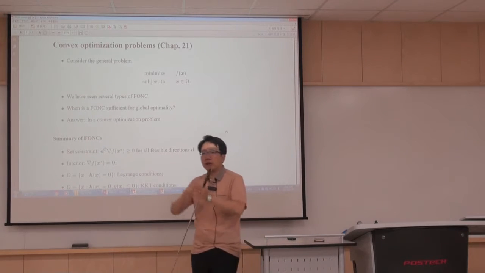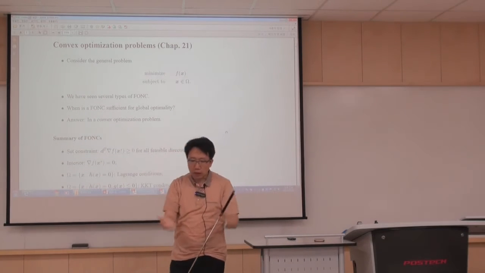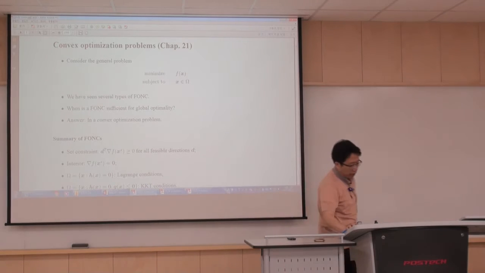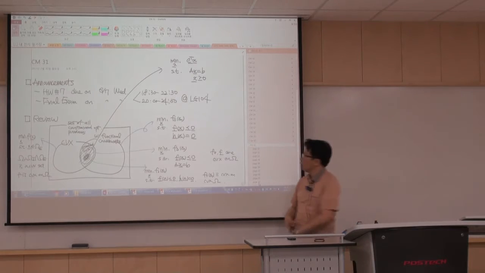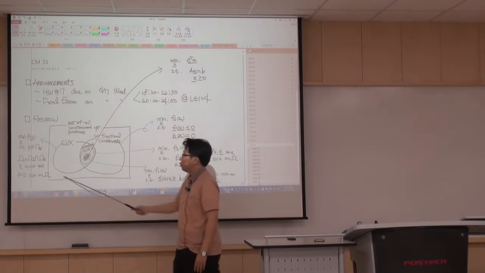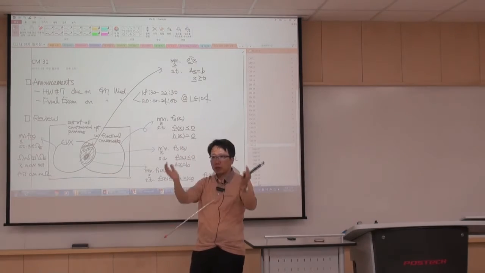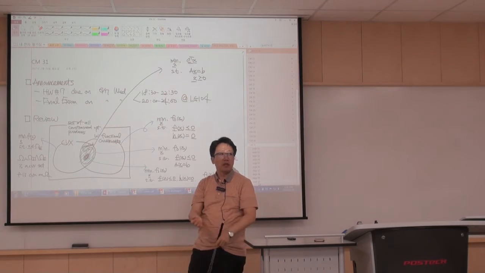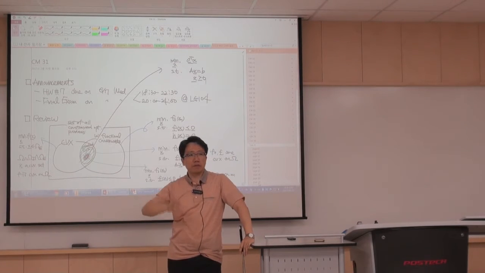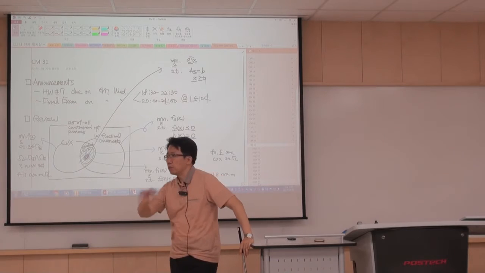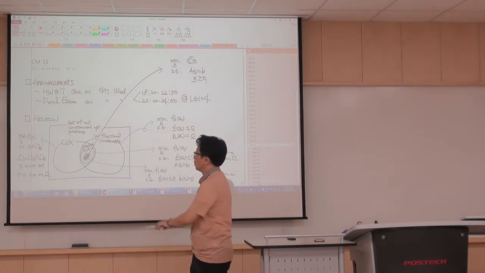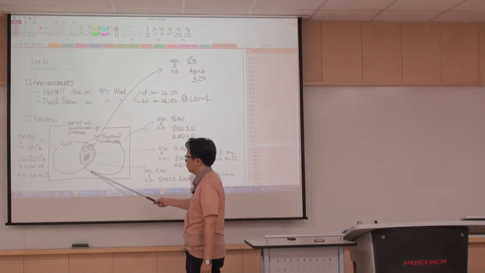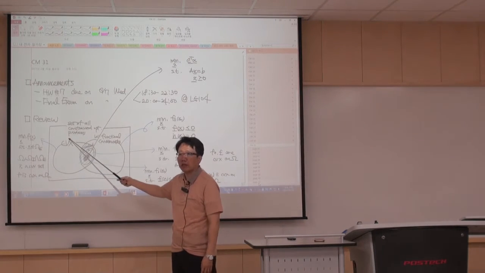So there should be a very special subset of constrained optimization problems, right? Given this set, there would be a very special subset where first-order necessary conditions for local optimality imply global optimality. And interestingly, this set is contained in that set.